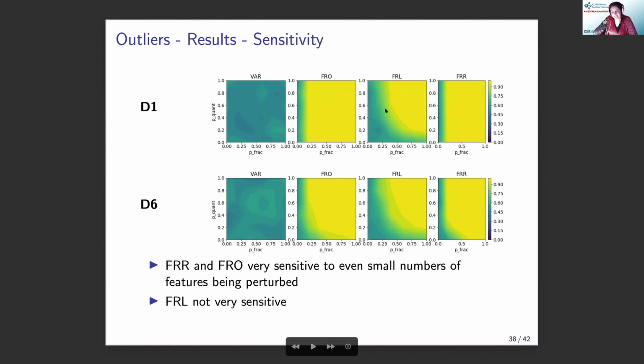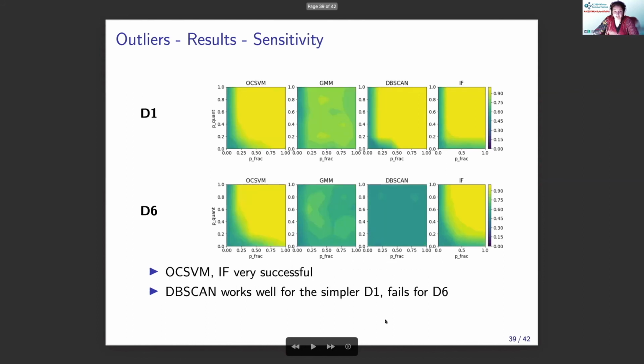Quite nicely, the lasso does seem to show that it is less sensitive, but will pick it up. This does show that the other experiments I was running are about here. So it was just not obvious enough as an outlier for the lasso regression to pick up, which would indicate that the sparsity that you get from the weights is what's letting it down. Vector autoregression, obviously, again, no better than random.